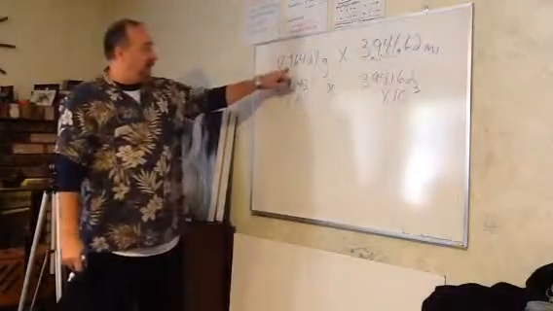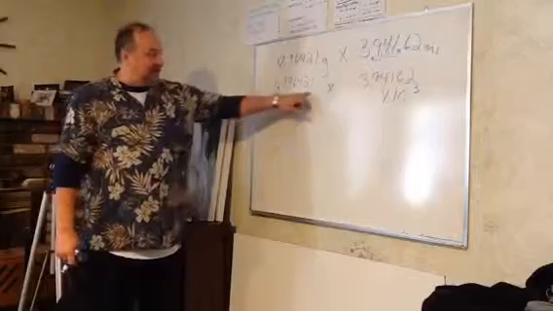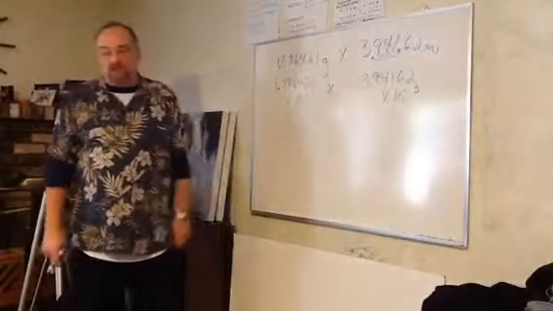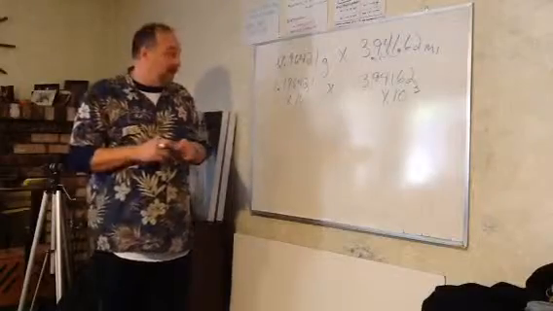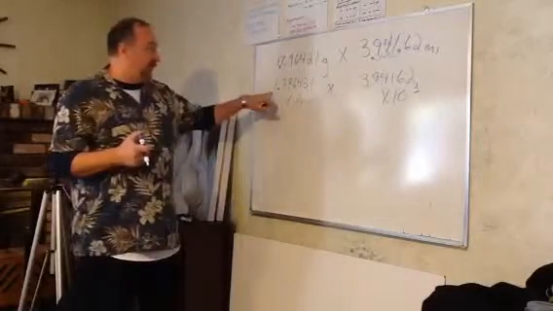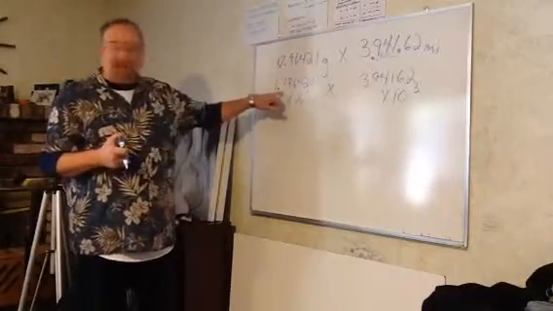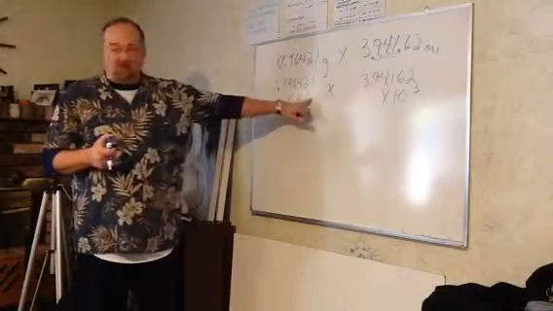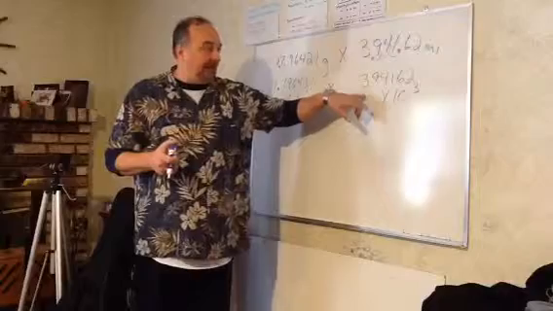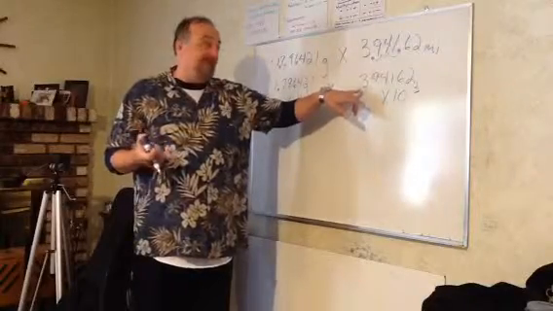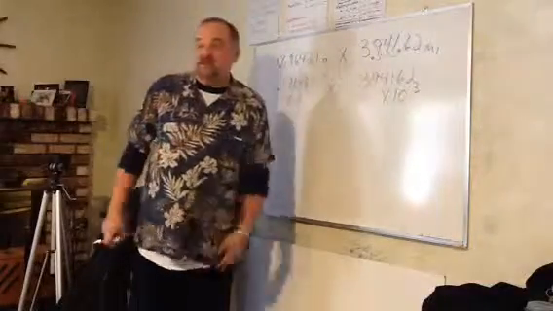Same thing over here. I moved it 1 place, so it's times 10 to the 1. What I can then do is round this off to 1.8 times 10 to the 1 times 3.9, or better yet, 4 times 10 to the third.